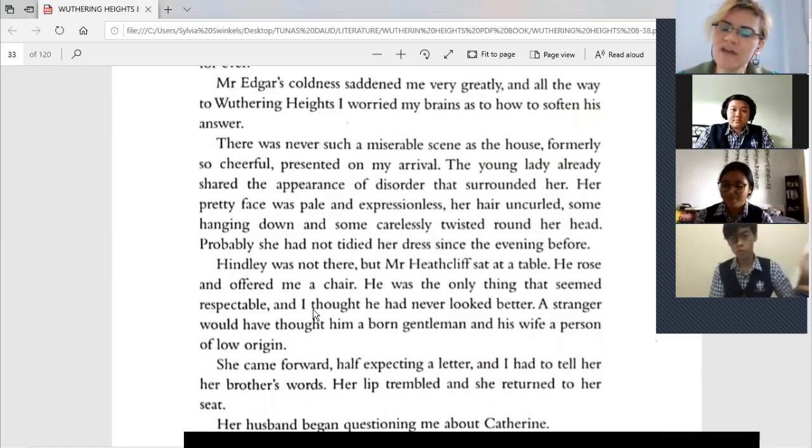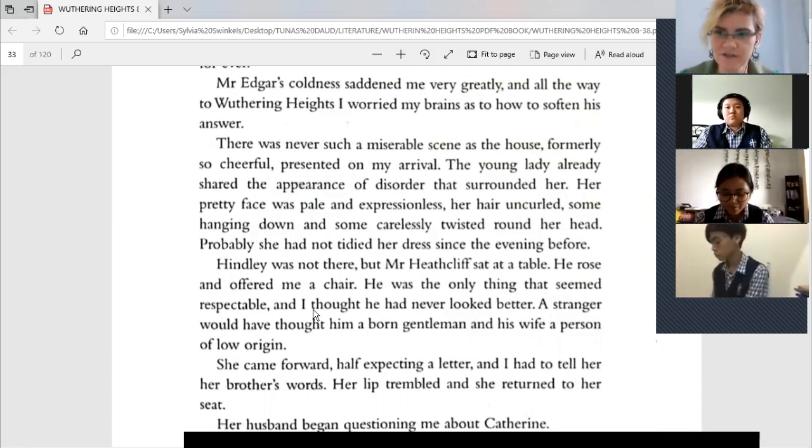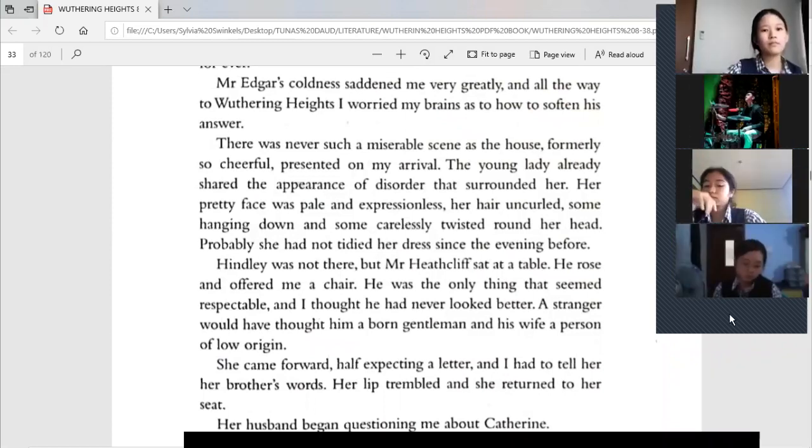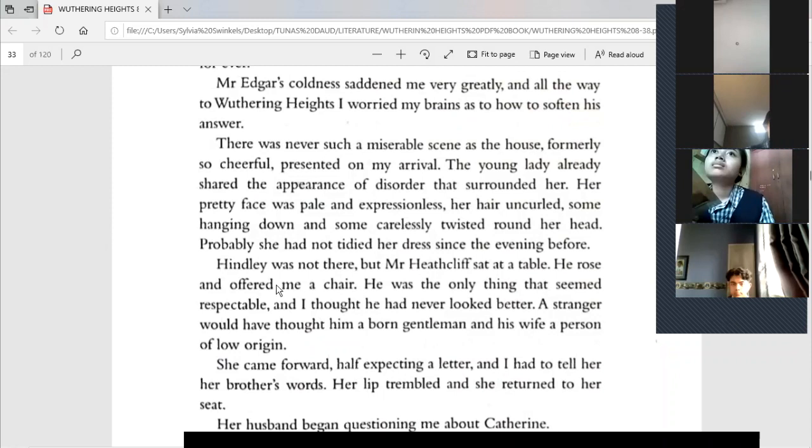Curling the hair would mean that she had taken good care of herself and was presenting herself as a lady. So in this case, pale, expressionless, her hair uncurled, some hanging down and some carelessly twisted, shows her state of being at that particular moment, which is not good. Okay, I'm going to ask Dewey to continue reading.